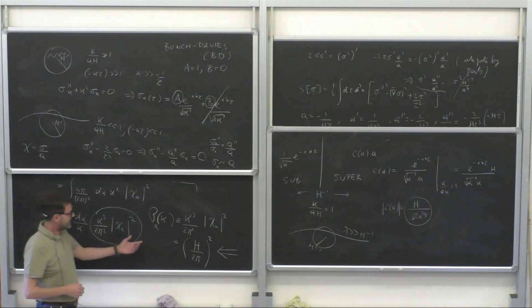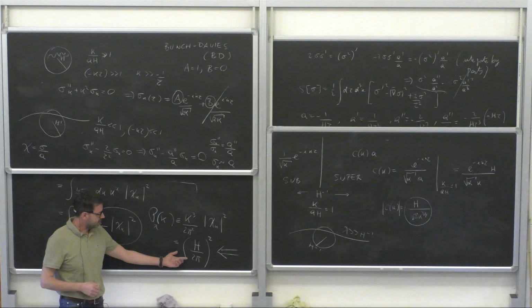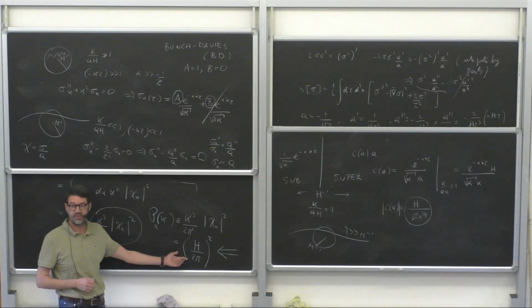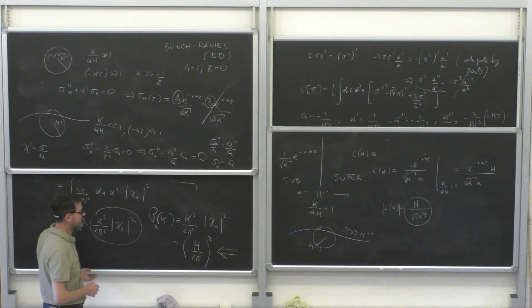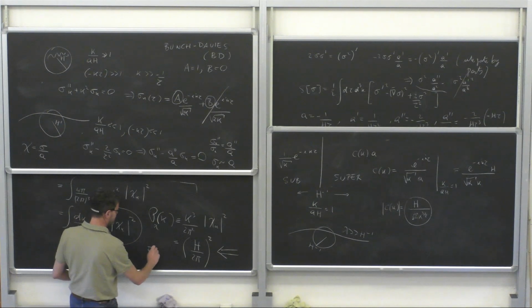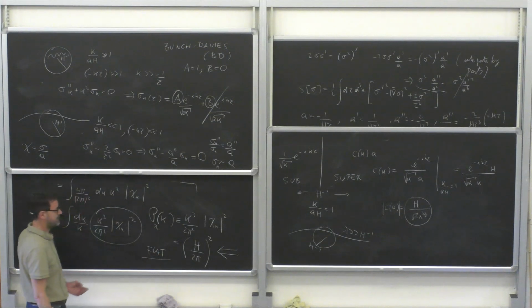So you need to define a power spectrum. The power spectrum is independent of the scale k, or of the wavelength. We say that the power spectrum is flat in that sense. It's flat because there is no dependence on k.